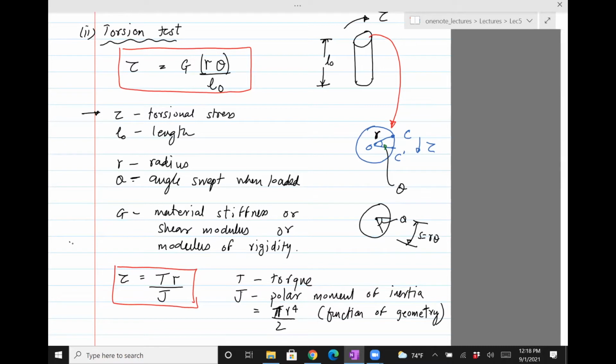That will increase the shear stress, right? Torque is proportional to the shear stress, and that shear stress will cause that angle theta to increase. Eventually, this material will break in shear, so you'll see a crack which is along the cross section.